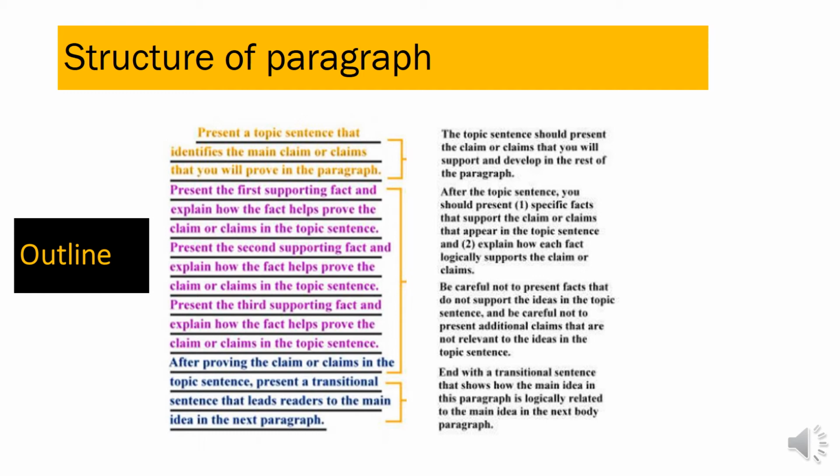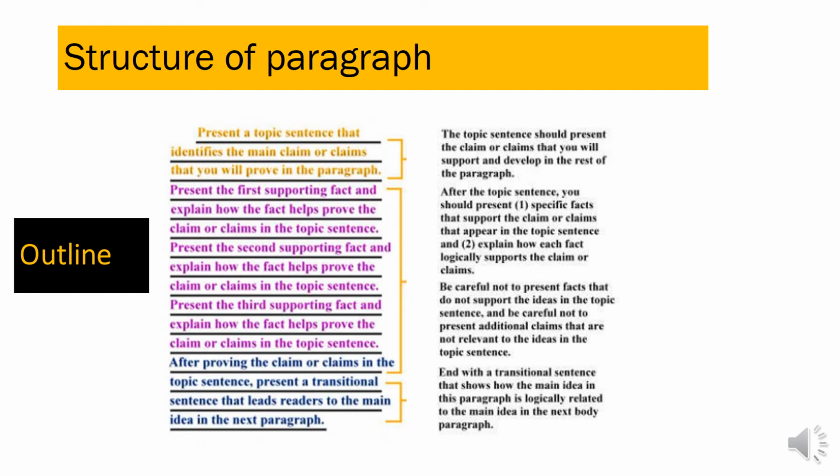Topic sentence here in yellow color, and then you close your paragraph after providing the claim in the topic sentence. Present a transitional sentence that leads the reader to the main idea in the next paragraph.